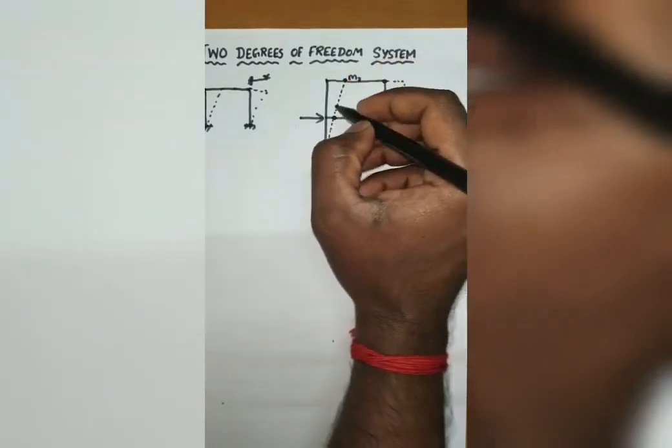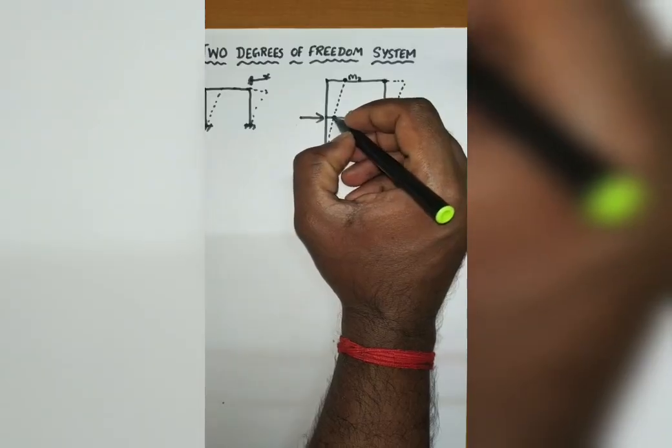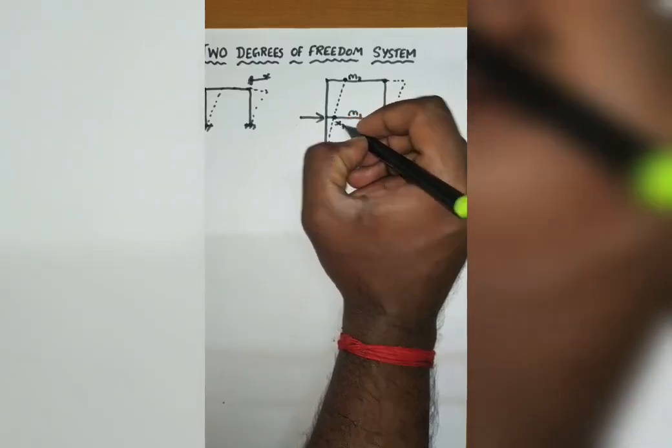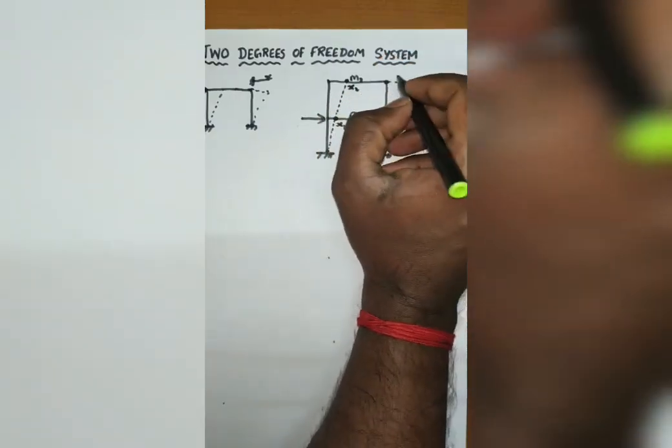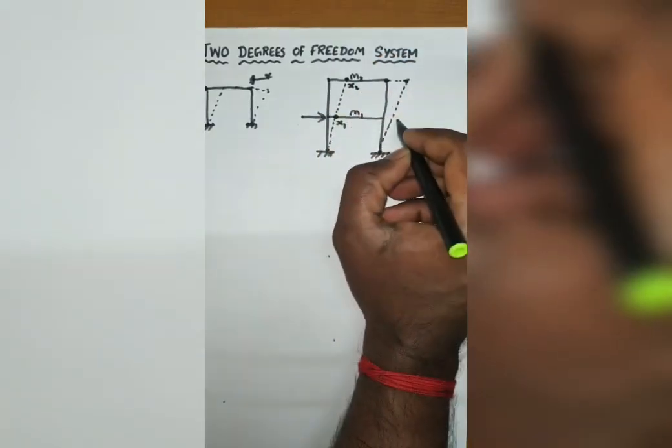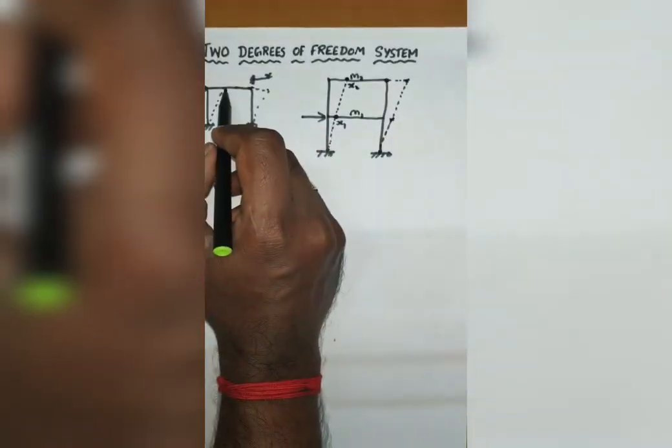So one coordinate, say x1, I require to mark this position, and another coordinate x2 I require to mark this position. It's not like a single degree of freedom system.